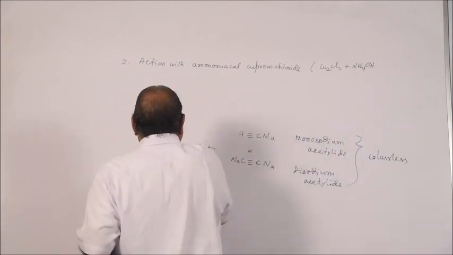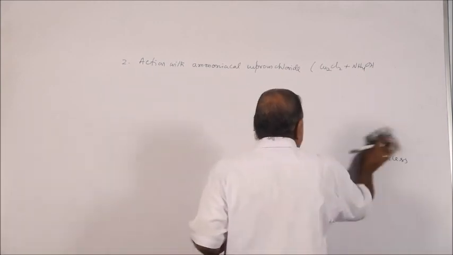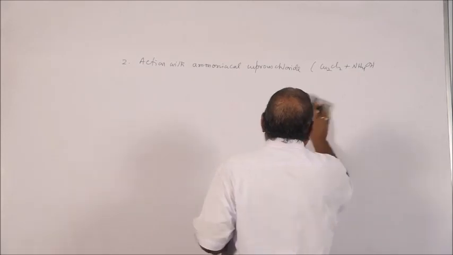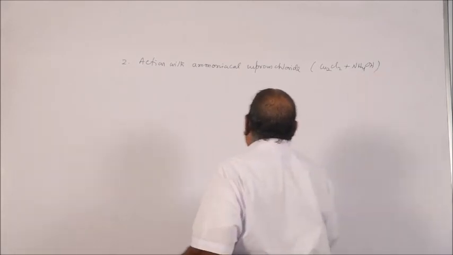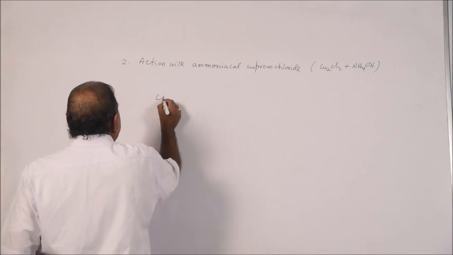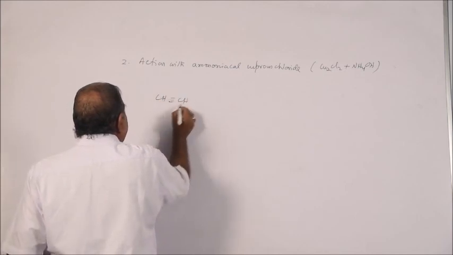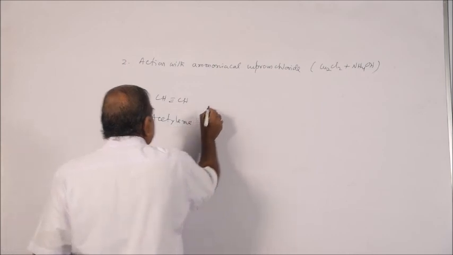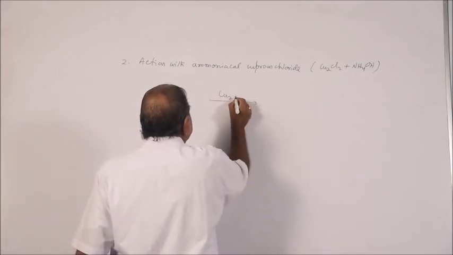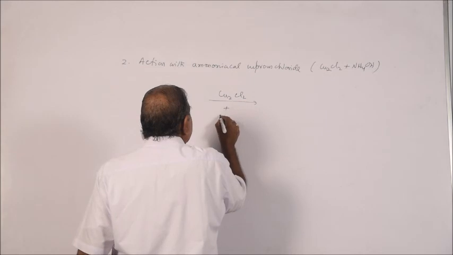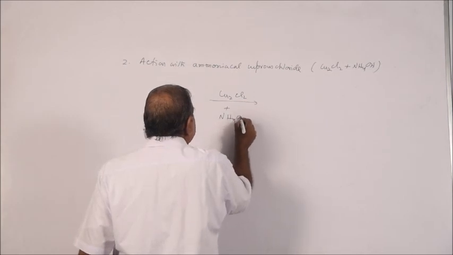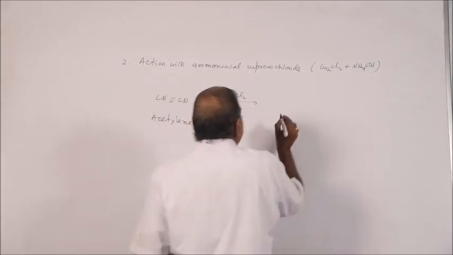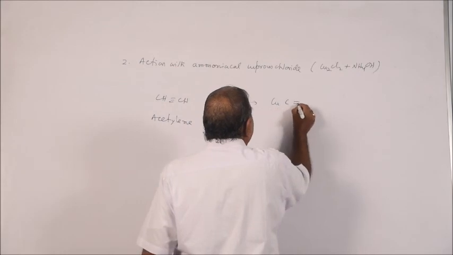Now when acetylene gas is passed through ammoniacal cuprous chloride, the two hydrogen atoms are replaced by copper.